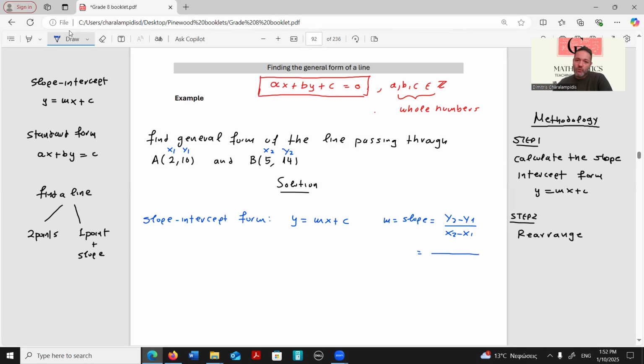Then it's 14 minus 10 over 5 minus 2, which is 4/3. So this line's slope is equal to 4/3, which means that so far we are talking about y equals 4/3 x plus c.